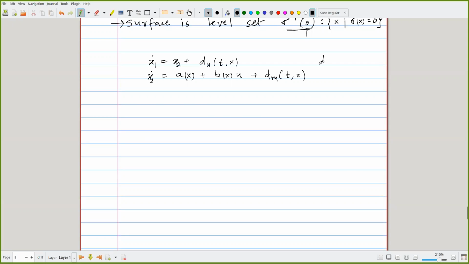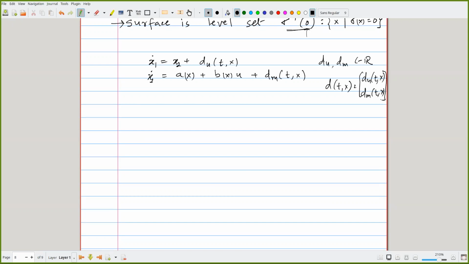Now here again d_u and d_m are both in R. They are not vectors. The complete vector will be d, the d(t,x), which we take as d_u and d_m(t,x). So this is the disturbance vector.